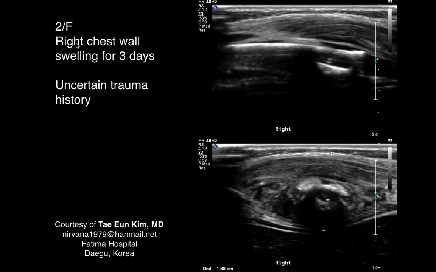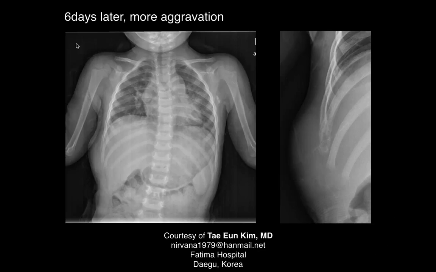A 2-year-old female with right chest wall swelling for 3 days, uncertain trauma history, and we have ultrasound images of the right chest wall. I saw something echogenic on that ultrasound, and 6 days later.